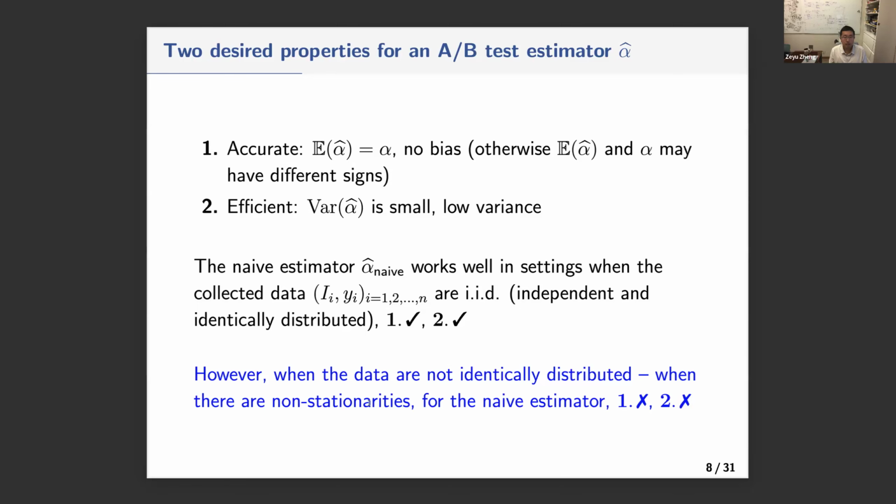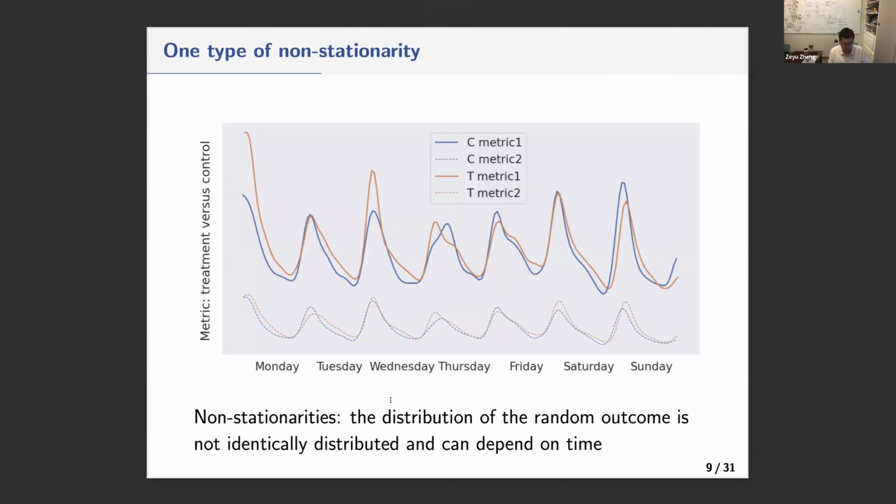Okay. And by non-stationarities, I like to use this illustrated plot to show the type of non-stationarity in terms of time of day and day-of-week effect. If you look at the solid lines on the top, this is about one particular metric, and one color of the line is treatment, T, and the other color is control, C. The horizontal axis is the time of day and day of week.